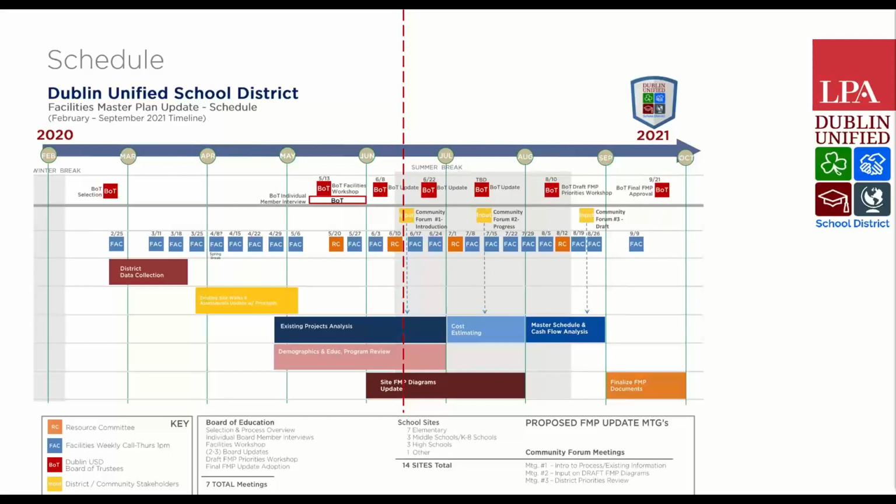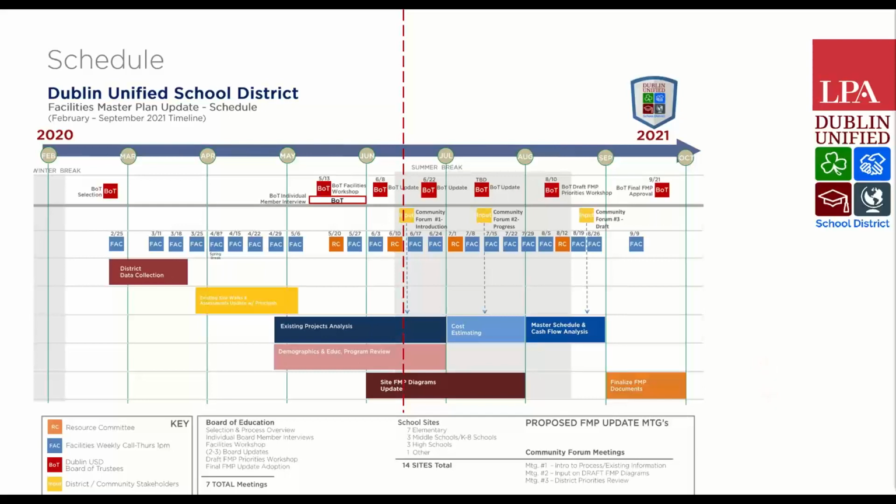We're straddling the gathering of information and the second phase, which is synthesizing the information, providing options for the master plan, and providing all the information to the board. The last third of this process is reviewing the options we've come up with and finalizing the documents, with board approval happening September 21st, 2021.